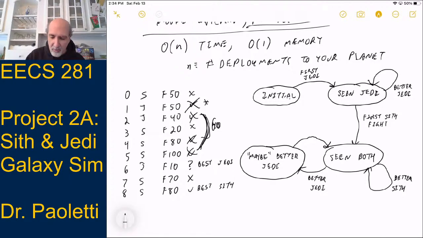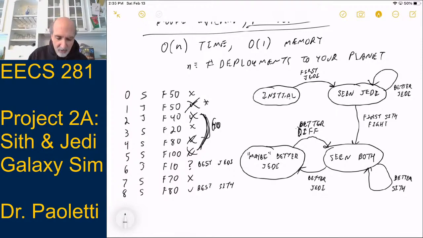And I have transitioned back to the seen both state because I saw a better, whoops, erase that, okay. I transitioned backwards here because I got a better difference. My pen's getting a little sloppy there. So I made that transition because I saw a better difference in the force sensitivity values.